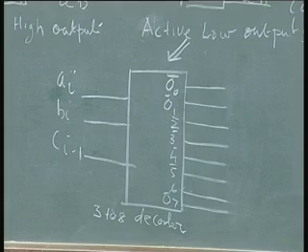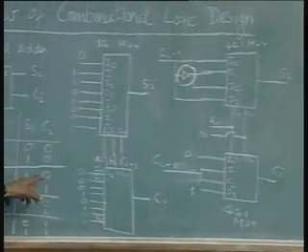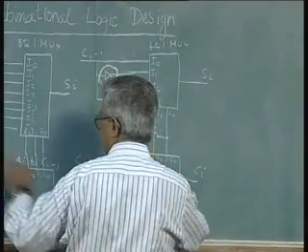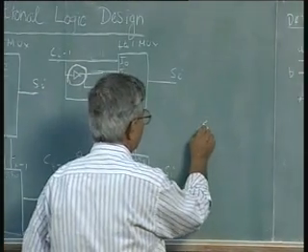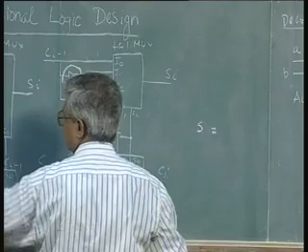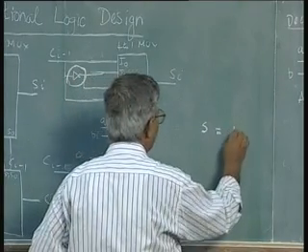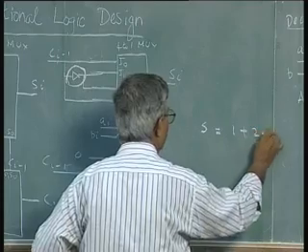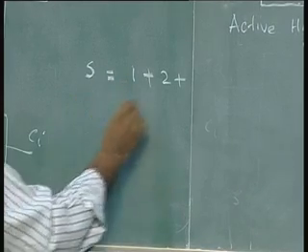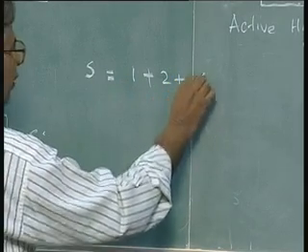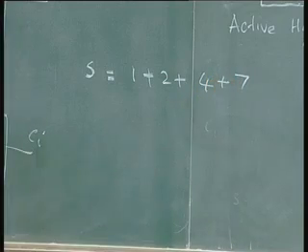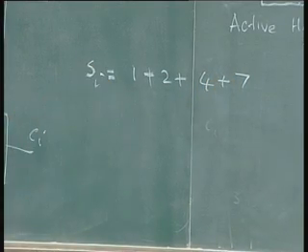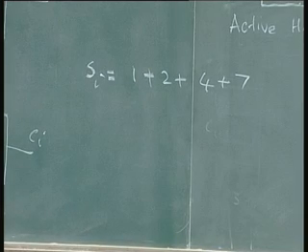What I want is, let me write it here, the sum is the output 1 or 2 or 4 or 7. This is my output requirement from the truth table of the full adder.